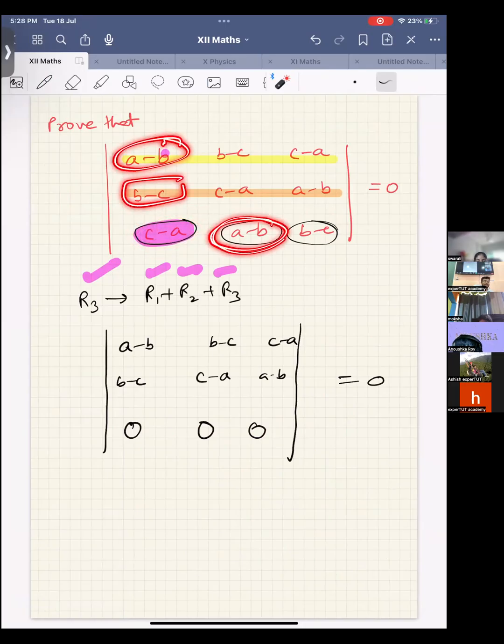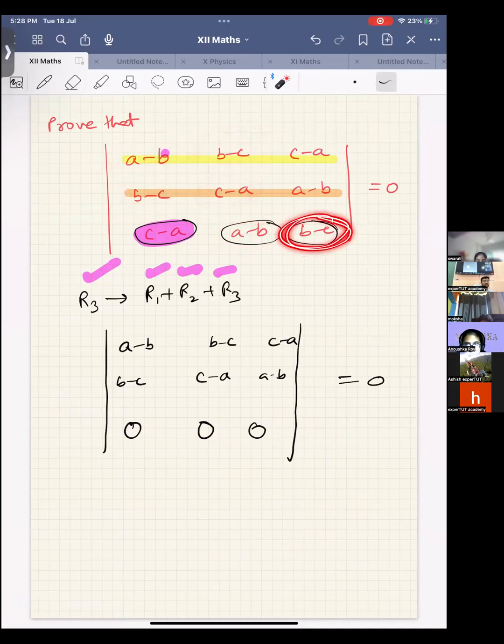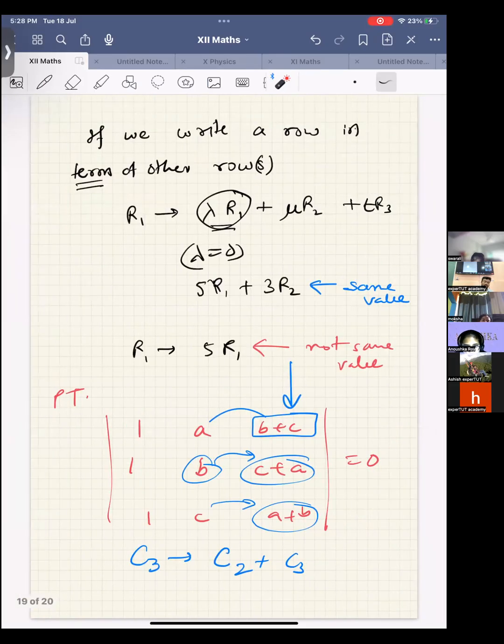This element a minus b should be an addition of these two. This element b minus a should be an addition of these two. That's why I'm saying this row is the corresponding sum of this row and this row. That's what we did. See, this column, what I did was C3.